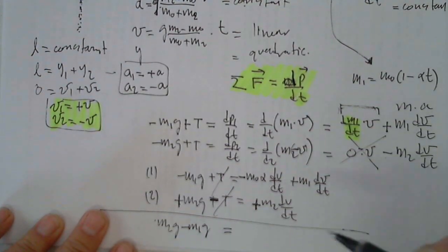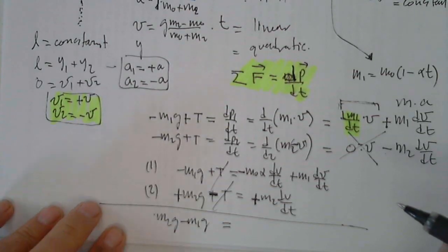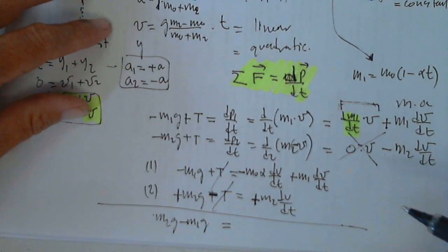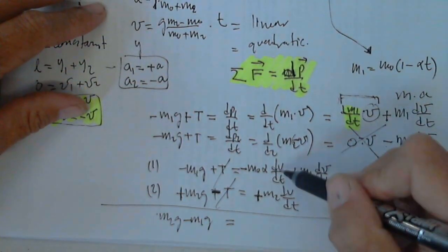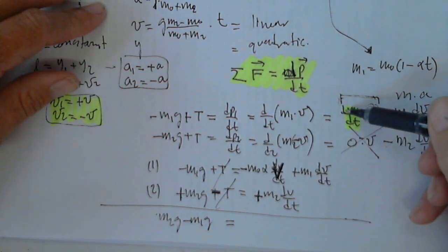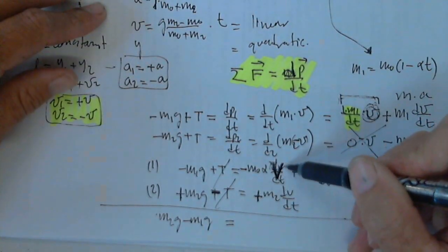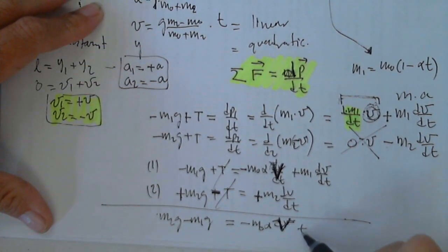The tensions cancel. I got a mistake over here: over here is v, and I put dv/dt, so this is v. It is the derivative of the first one times the second, so this is just v. So I got this new term that does not exist if you don't consider the changing mass, and then you add the two masses as a common factor.